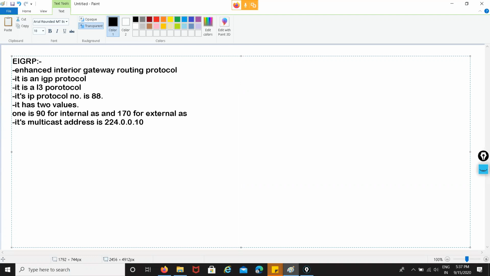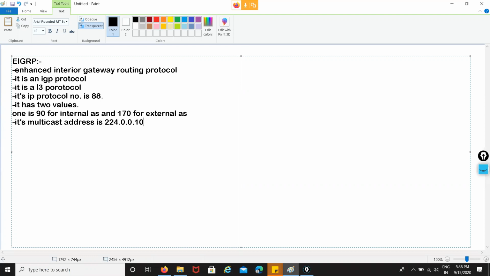So here is some basic information regarding our EIGRP protocol, where EIGRP stands for Enhanced Interior Gateway Routing Protocol. Actually, it is a hybrid routing protocol. Routing protocols are divided into two parts: one is the distance vector routing protocol and the other is the link state routing protocol.